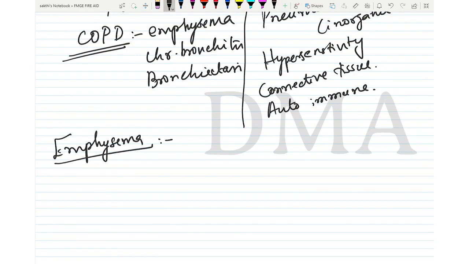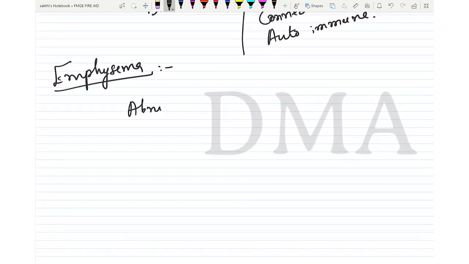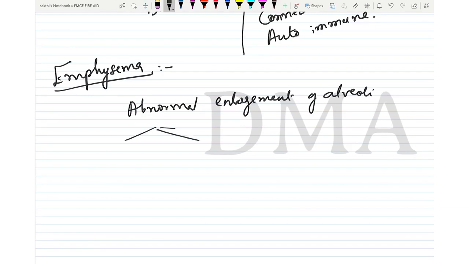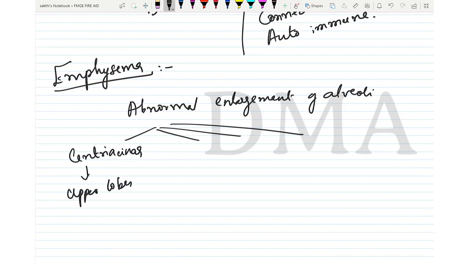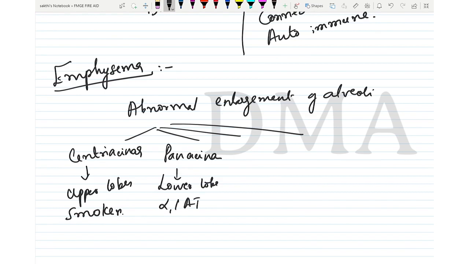You have panacinar emphysema, most commonly occurs in lower lobes, seen in alpha-1 antitrypsin deficiency patients. You have distal or paraacinar emphysema, which is very commonly seen in upper lobes associated with scarring, and you have irregular emphysema which can occur anywhere, and is the most common cause of pneumothorax.